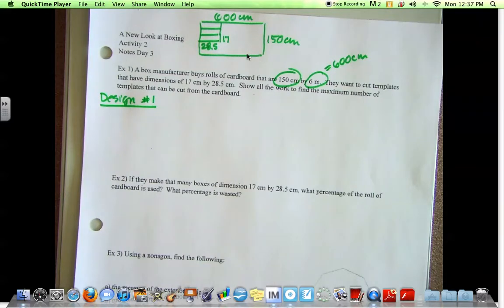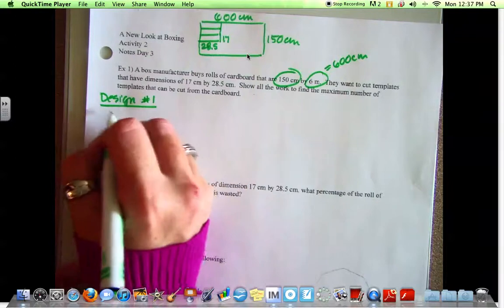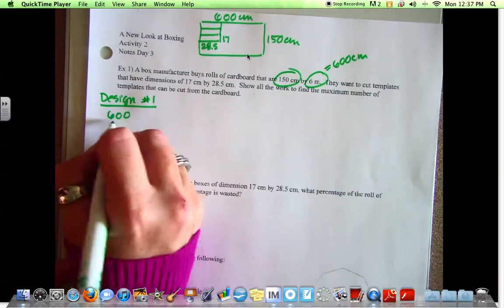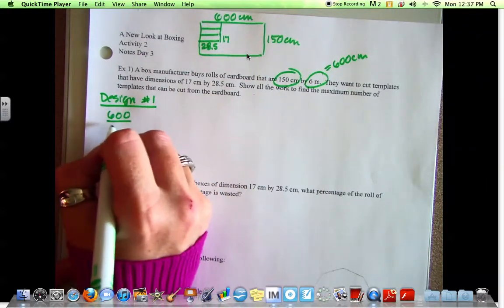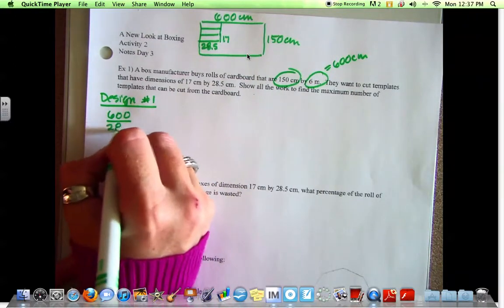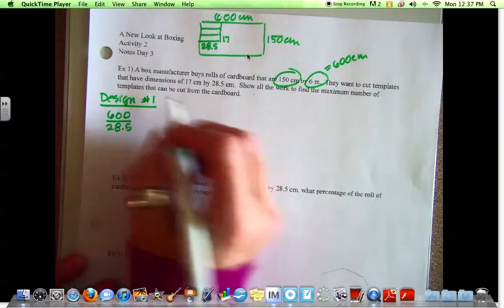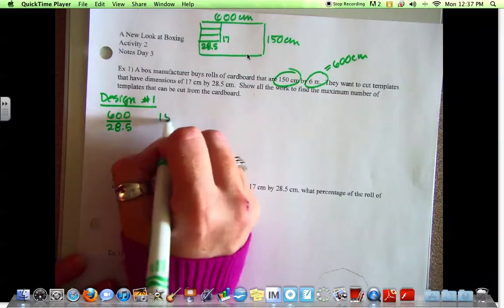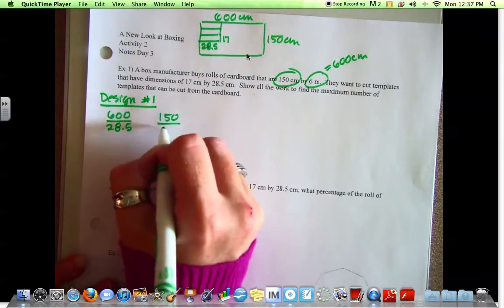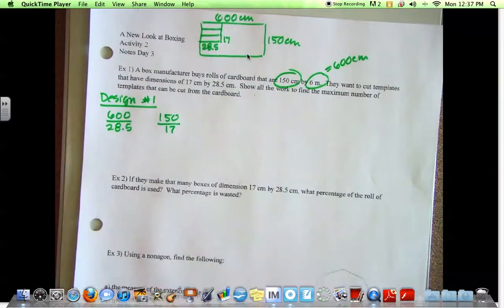Divide 600 by 28.5. Okay? 150 by 17. Yes. 600 divided by 28.5 and 150 divided by 17.